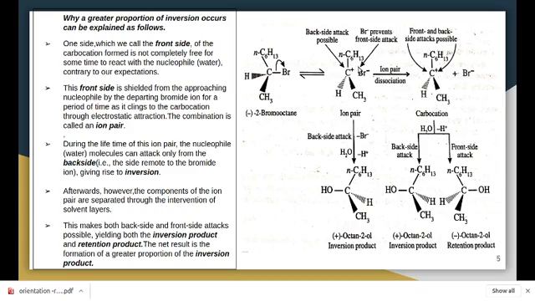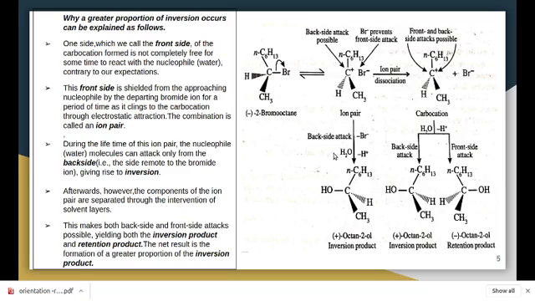That means first an ion pair forms. During the lifetime of this ion pair, only backside attack is possible. Then only we will get the inversion product. So altogether the inversion product is more.